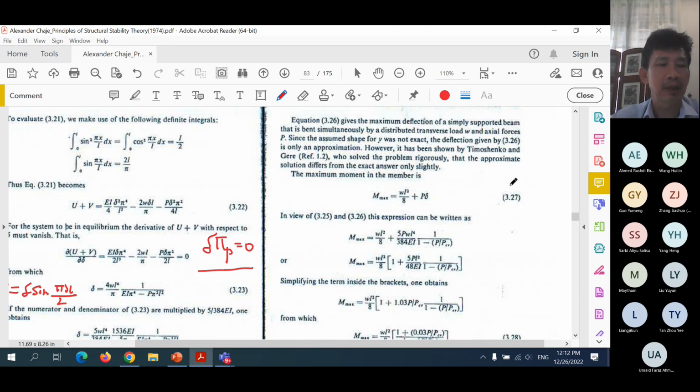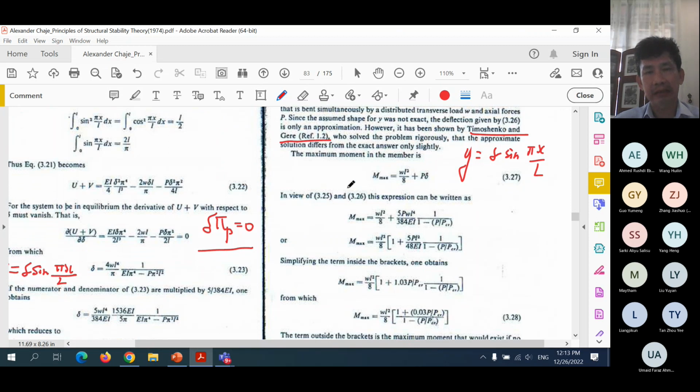By comparing with the solution here, we can see that the approximate solution, with the assumption y equal to delta sine pi x over L, does not differ very much from the exact answer obtained by Timoshenko and Gere in this reference. It is not given here, but it has been proven that the solution obtained by this assumption in the Rayleigh-Ritz method differs only slightly from the exact answer. So we can accept the answer here as a good approximation of the behavior of the beam column.